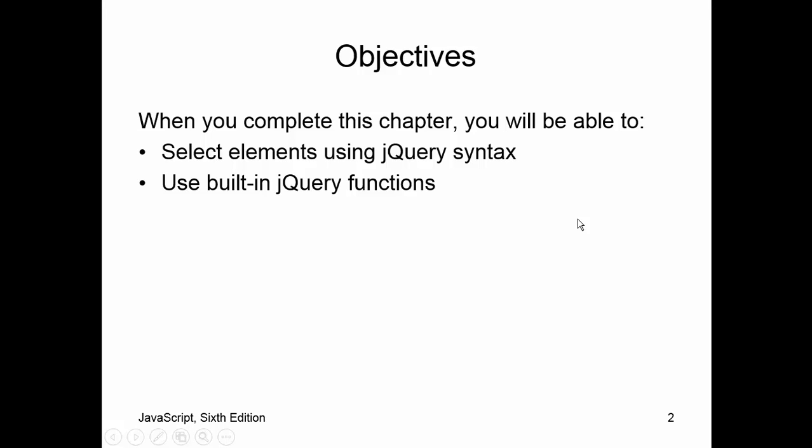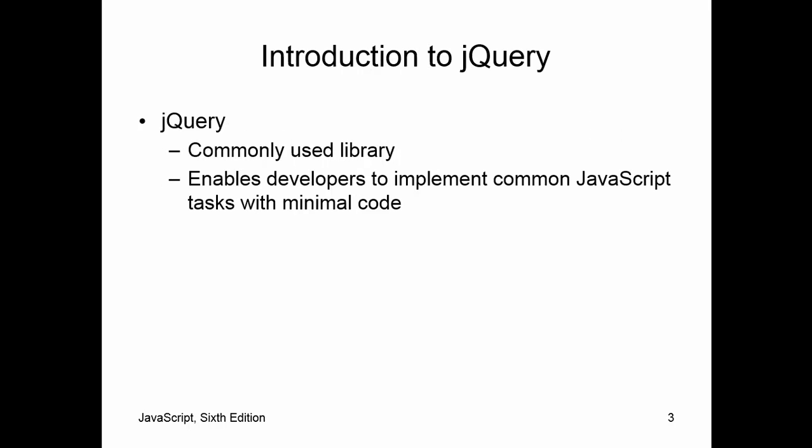Our objectives: to be able to select elements using jQuery syntax and use the built-in jQuery functions. So, jQuery is a library. What I mean by that is jQuery is a huge file with a set of built-in JavaScript functions that have been pre-written for you.